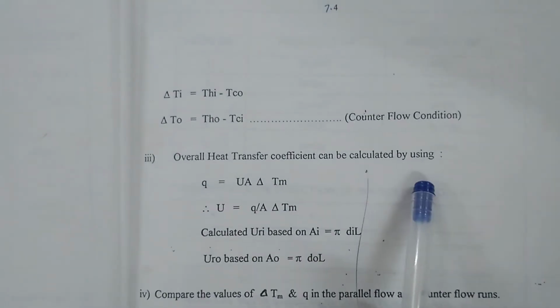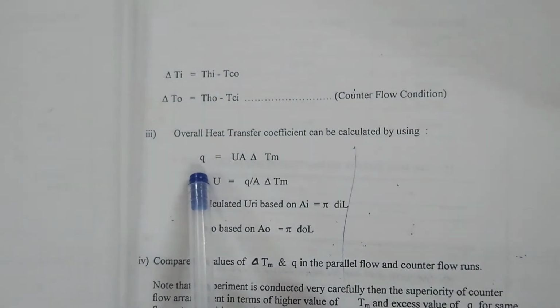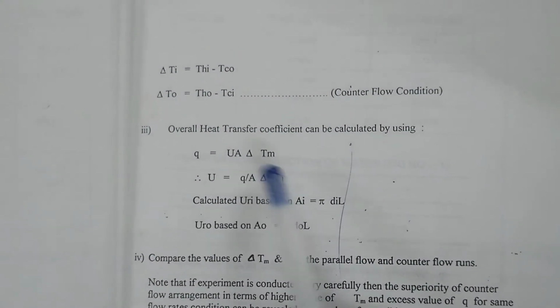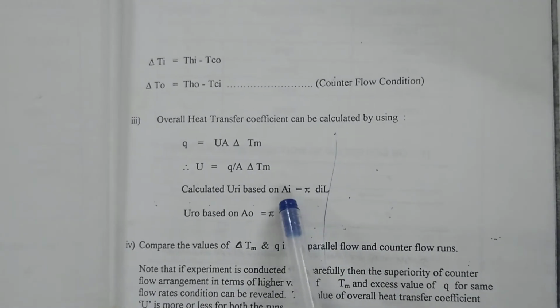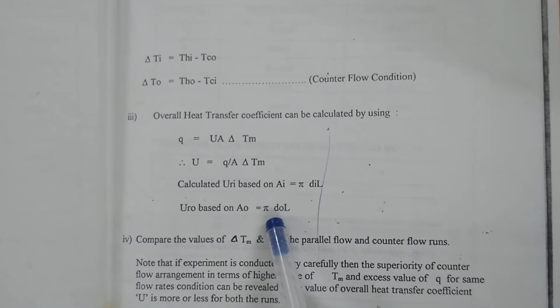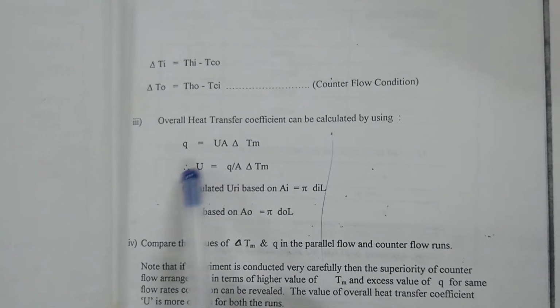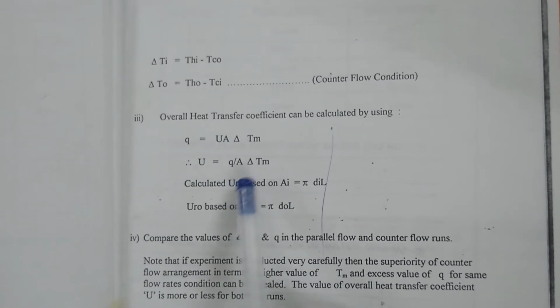So what we find here in this experiment is the overall heat transfer coefficient. So if the Q is known as well as the area for the pipe, depending upon whether it is based on the inside area or on the outside area, with this formula U can be calculated as Q by A delta Tm.